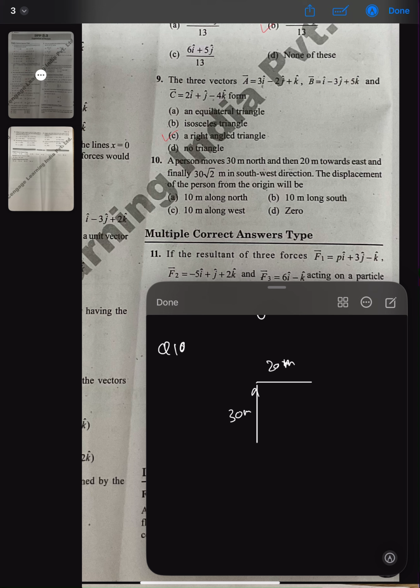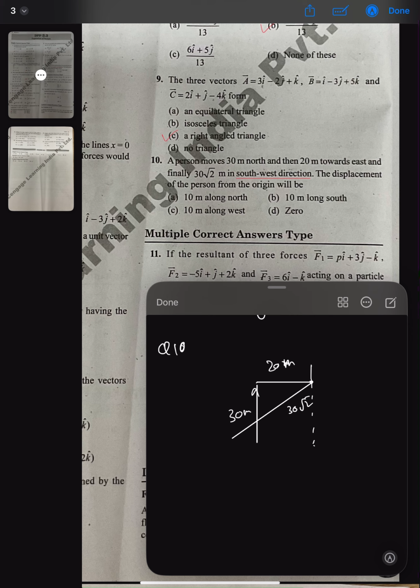And finally 30 root 2 meter towards southwest. If it is simply southwest, it means you have to move at 45 degrees. Southwest will be like this. This will be 30 root 2.